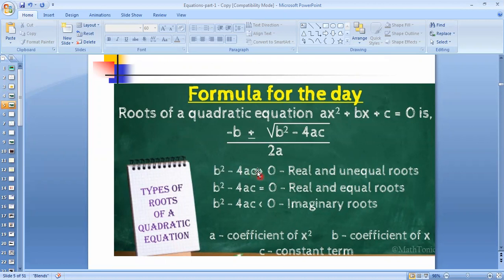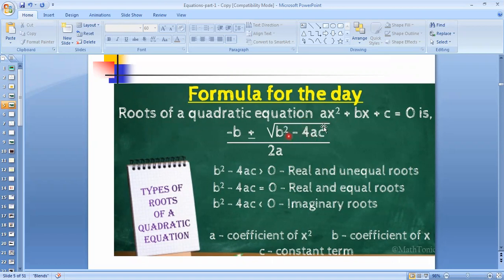If b square minus 4ac is greater than 0, that means it is positive, then the roots are real and unequal. Now if the discriminant b square minus 4ac is equal to 0, then the roots are real and equal. Now the third condition: b square minus 4ac is less than 0.